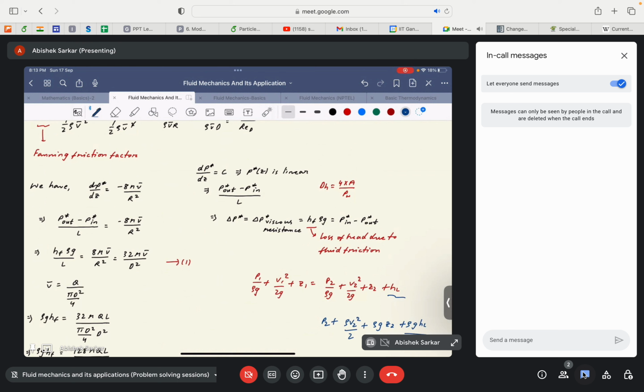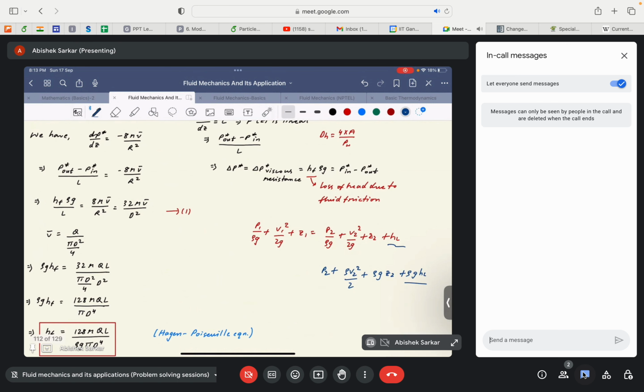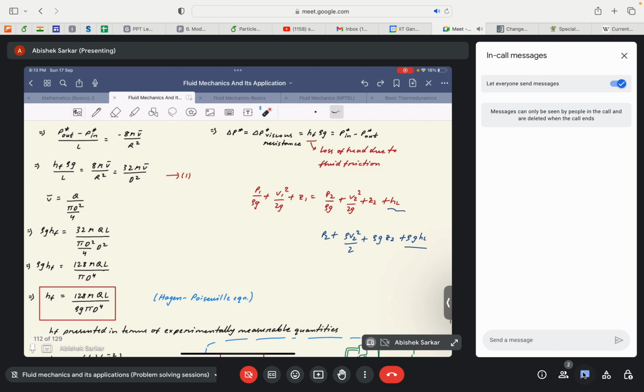If we substitute this term in this equation, we can write HF into rho g by L would be equal to 8 mu V bar by R square. If we replace R by D by 2, we get 32 mu V by D square. Then we can replace this velocity with the ratio of the volume flow rate and the area of the pipe.